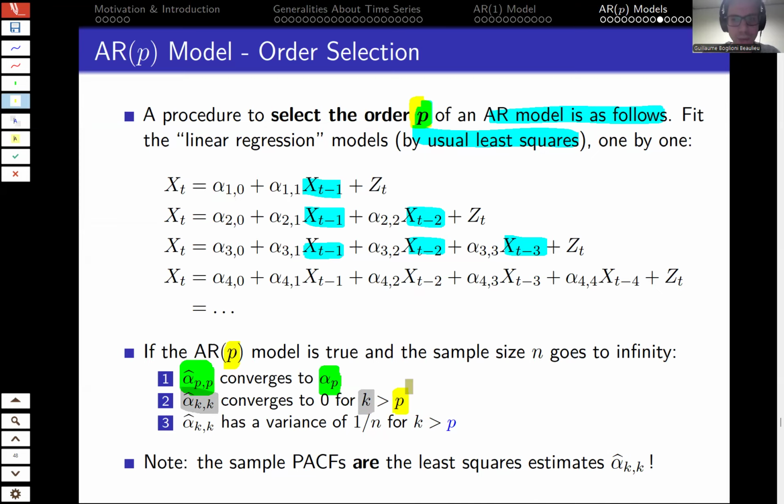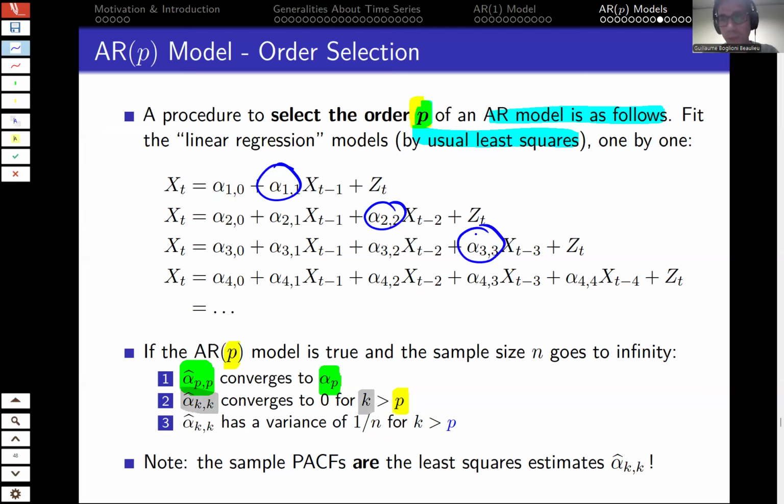Now, simply put, imagine that the real process of the data is an AR3. Well then, in your first model, this parameter will be significant, but because it's significant, you try the next model. You try this model, and this parameter here, alpha_22, will be significant. Then you try the next model.